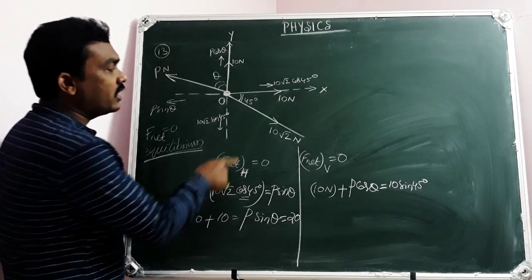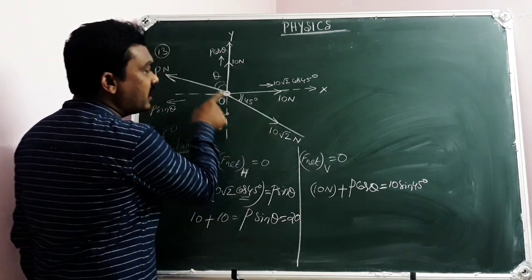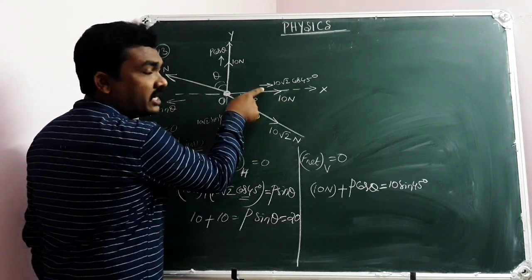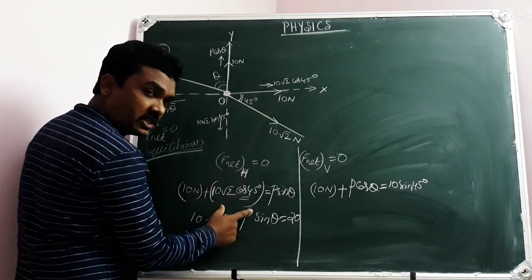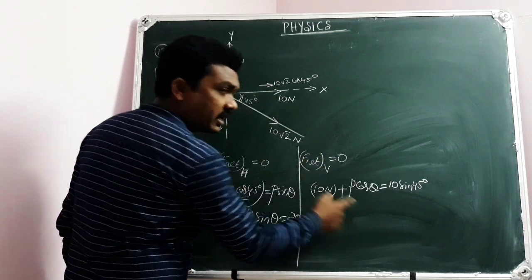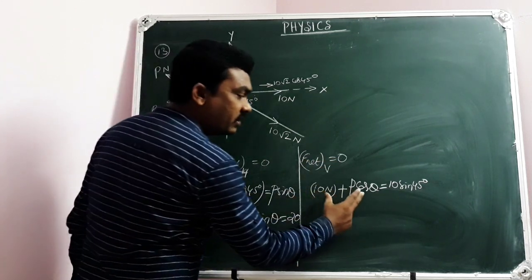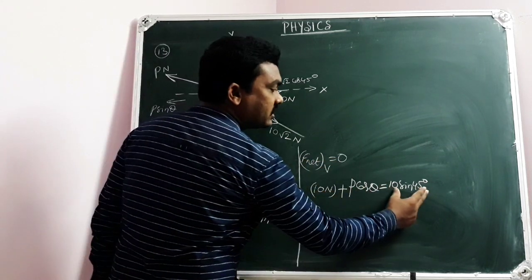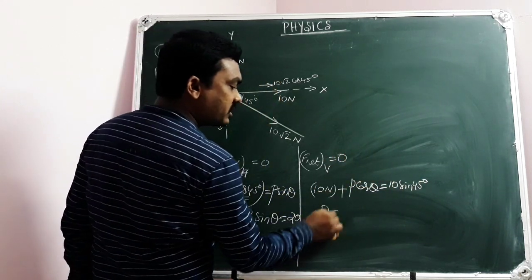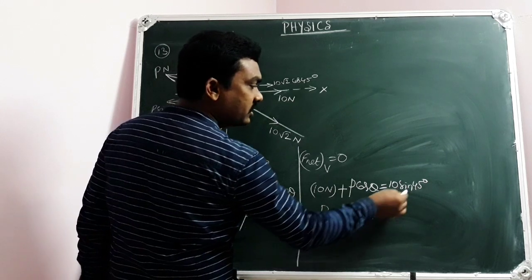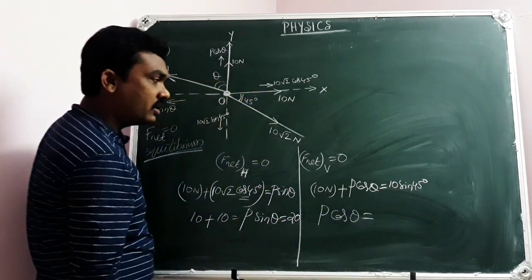That's why I have taken the components of the given forces in horizontal and vertical directions, and I am balancing in horizontal direction and also in vertical direction. That's why this is totally vertical upward force balancing vertically downward force. But here, P cos theta, interesting point, sin 45 degrees is 1 by root 2.